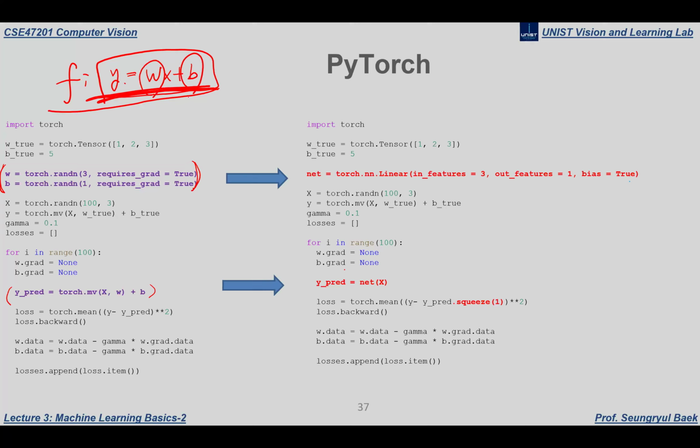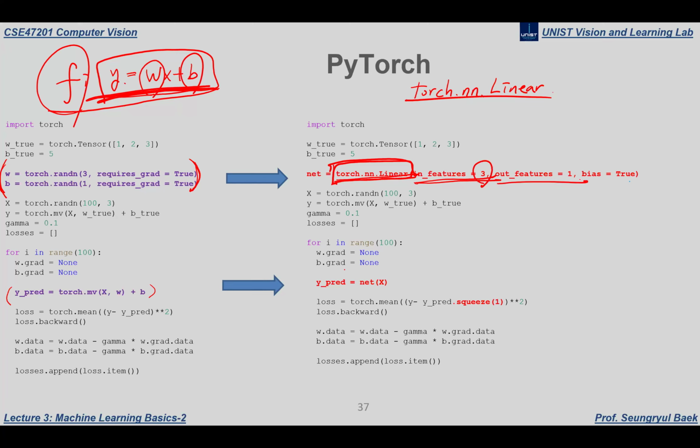So in PyTorch, we can simplify this parameter definition by using this kind of code. This torch.nn.Linear means we will make a function f that can map x to y, having in_features, which means the input dimension 3, and output dimension 1.